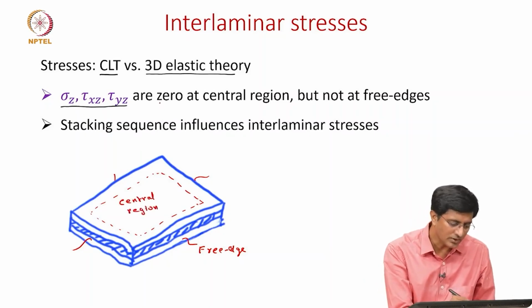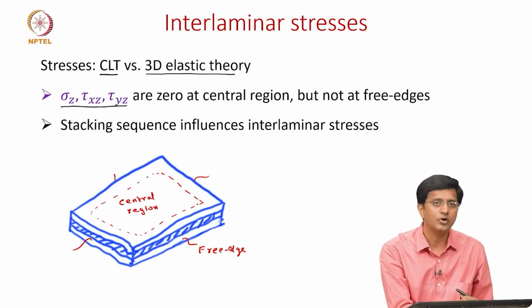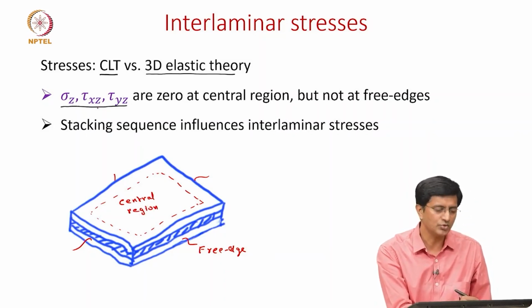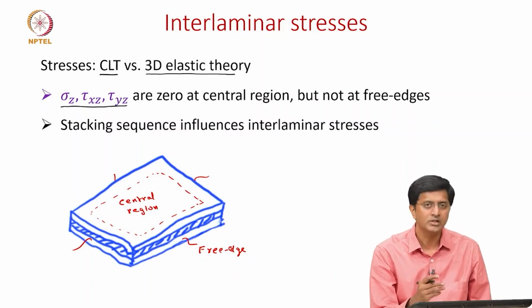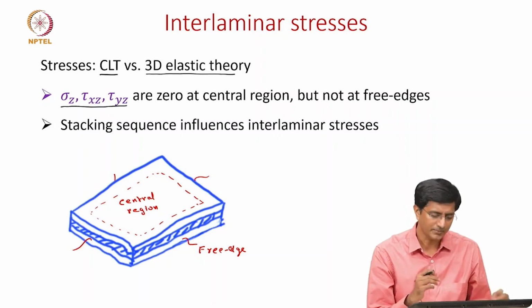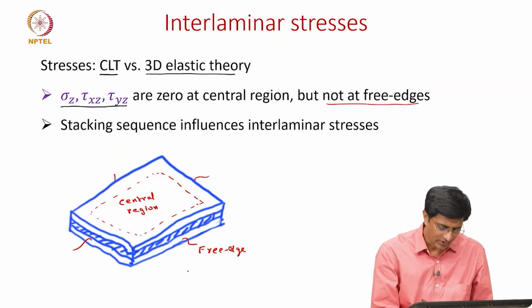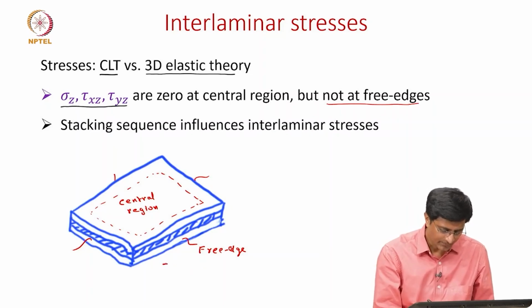In the central region these out of plane stresses are 0, which means in the central region the classical laminate theory truly captures the 3D stresses, but not at the free edges. At the free edges, these stresses sigma z, tau xz, and tau yz, they exist.